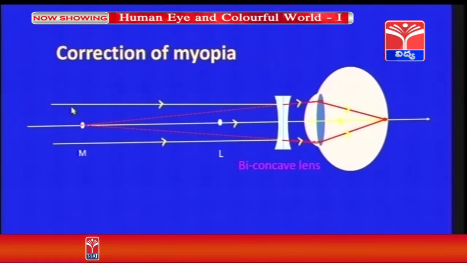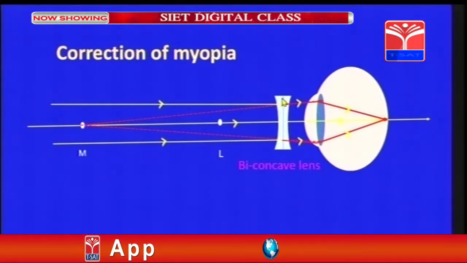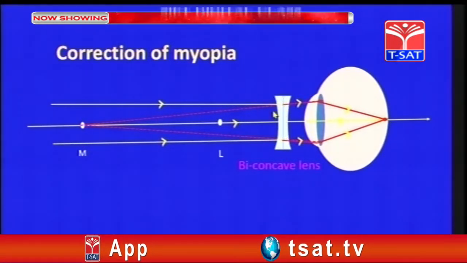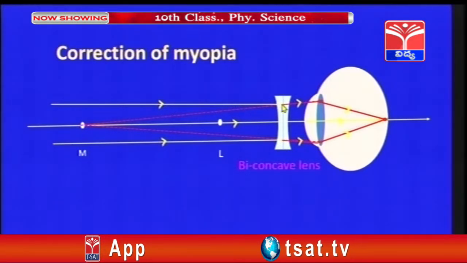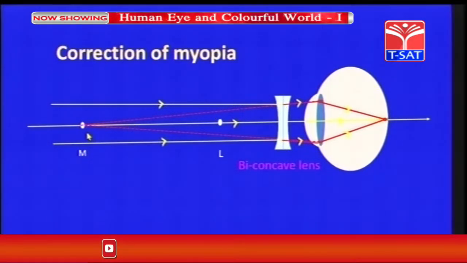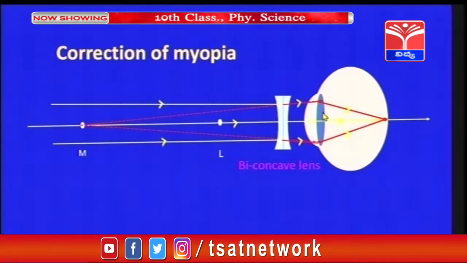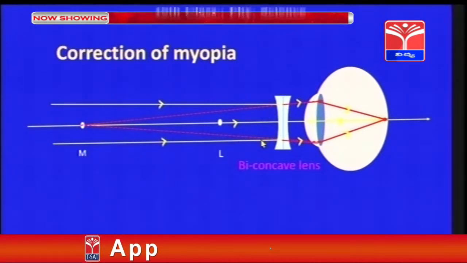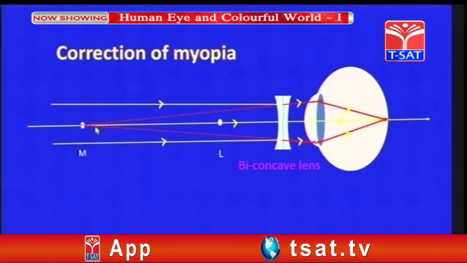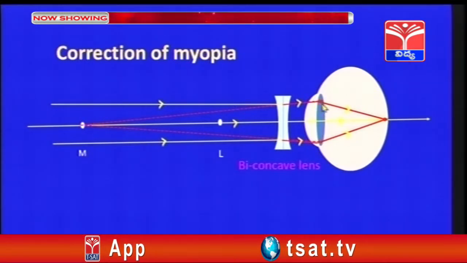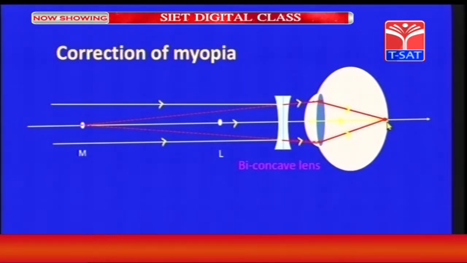Whenever the light rays coming from the longer distance are incident on the concave lens, it forms a virtual image at the far point. The image formed by this concave lens acts as an object for our eye lens. So now our eye lens receives the light signals coming from the far point, and that's why it can form the image on the retina. So we can see the object clearly.